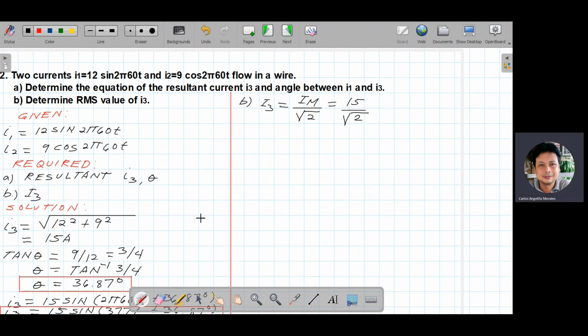So therefore I3 is equal to 10.607 ampere.